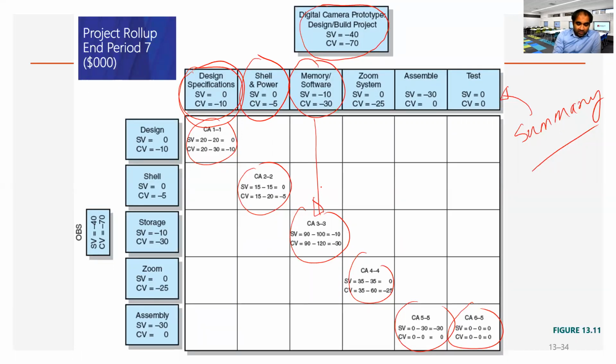You are the one contributing to scope creep, or blowing the budget and schedule, with -10 and -30. Again, the Zoom system team is overspending with -25. So we need to know which teams, and at what level, are behind schedule or above budget.